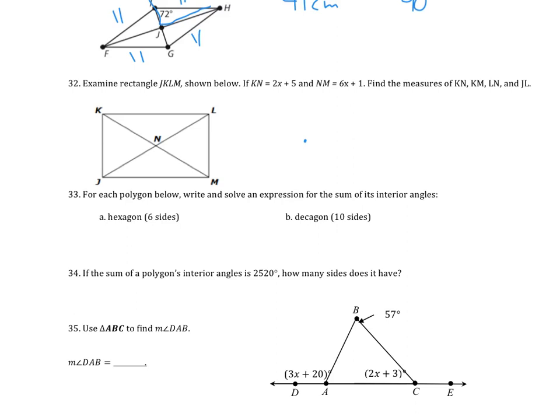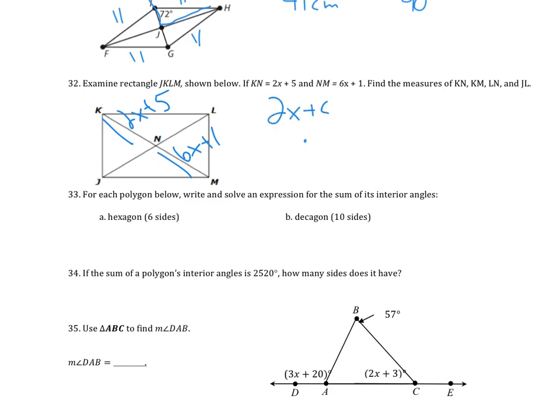Hey, 32. Examine the rectangle JKLM. We know that KN is 2x plus 5, and that NM is 6x plus 1. What do we know about diagonals in a rectangle? Diagonals in a rectangle are congruent. They're equal to each other. And since they also bisect each other, each little segment, KN has to be equal to NM.